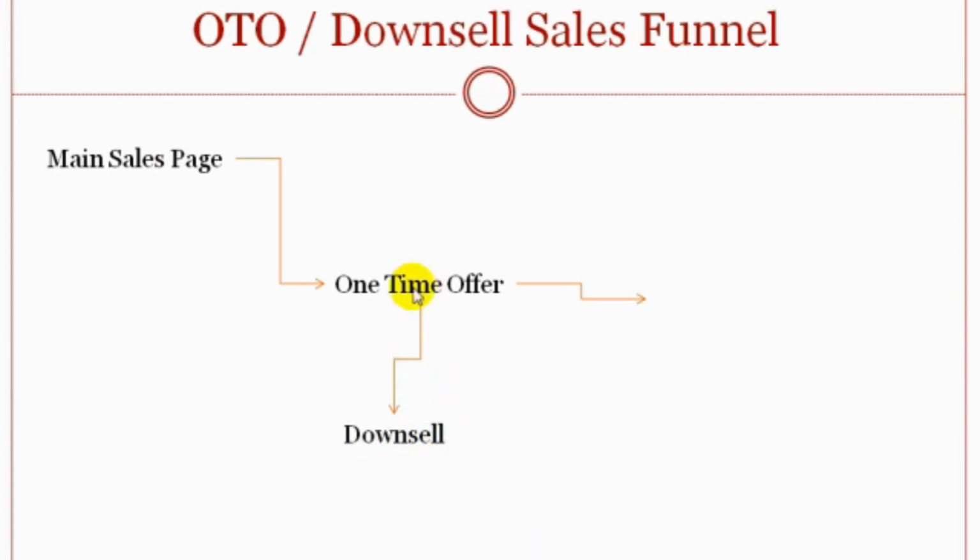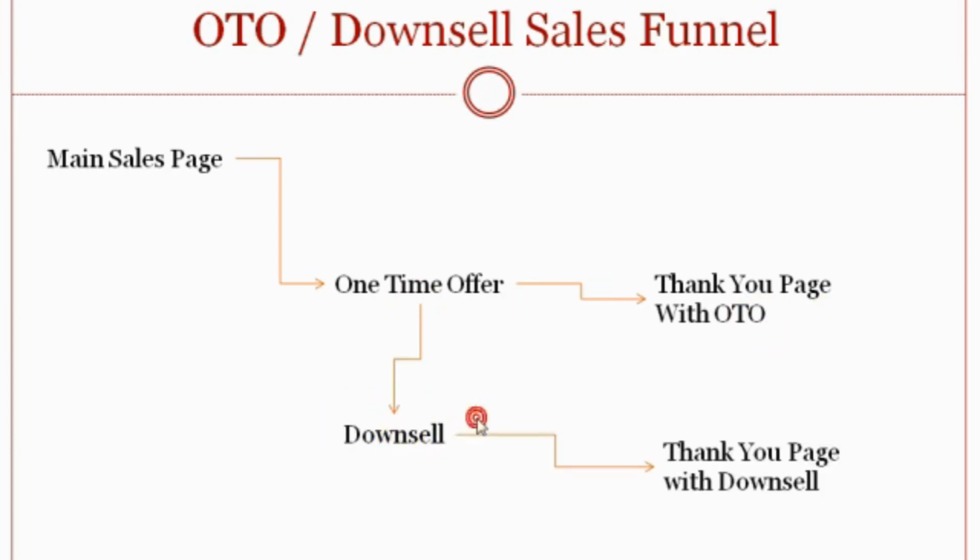Now, if they click on yes, then you have to direct them to a thank you page. So you're going to need to have 3 different thank you pages. So main sales page, one-time offer, thank you page with the one-time offer. If they say no and then they purchase the downsell, then they are going to be sent to a thank you page with the downsell.